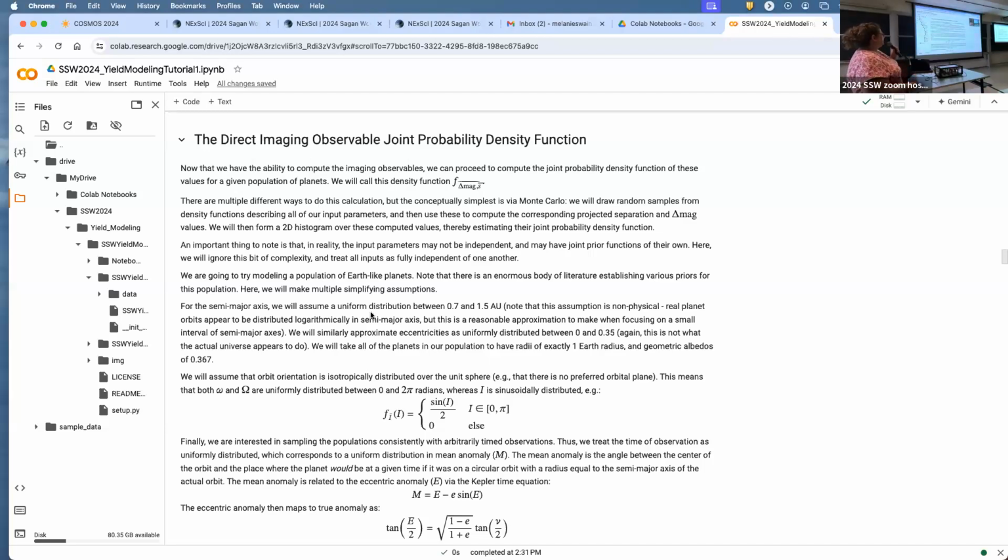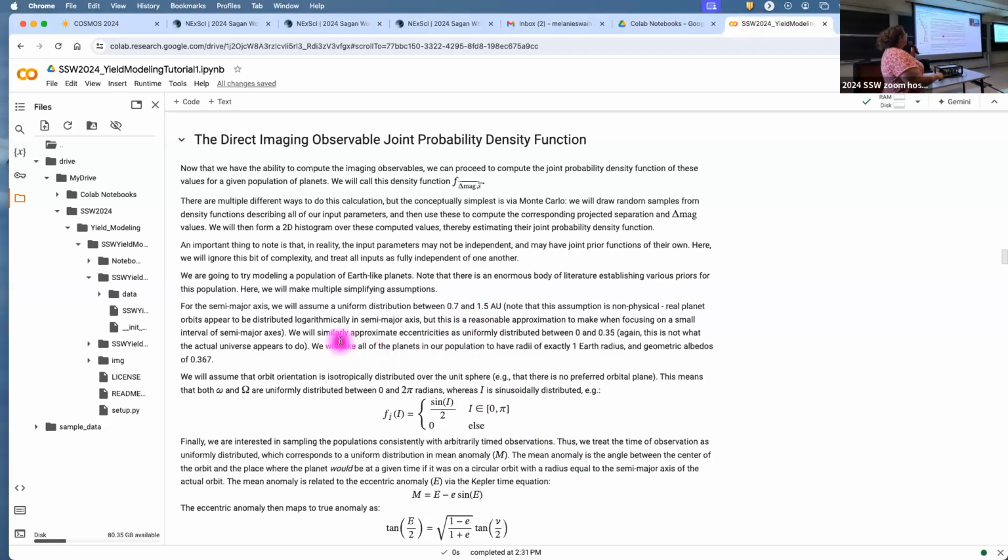So we're going to use an assumption. We're going to use from 0.7 to 1.5 astronomical units. There's a lot of discussion about what is a habitable zone, and just for today, we're going to use this simplifying assumption.